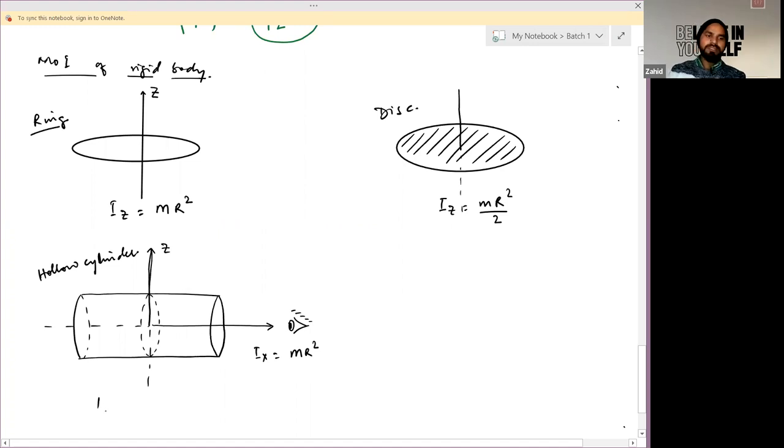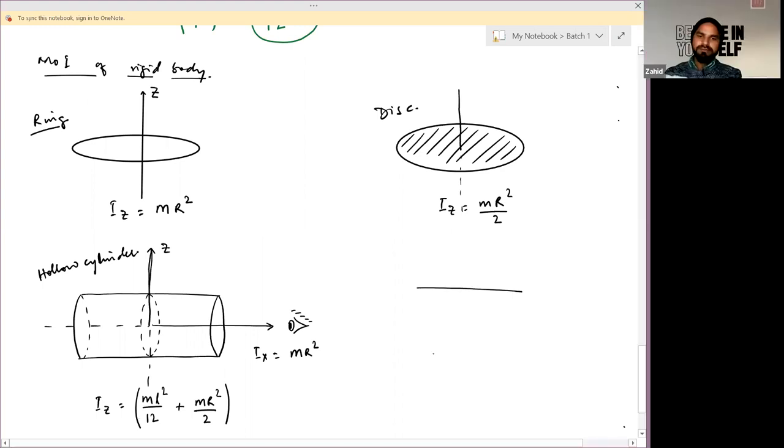So total moment of inertia from this point will be m l square by 12 due to behaving like a rod, plus m times r square by 2 due to passing through its diameter. Is it clear? Yes, sir.